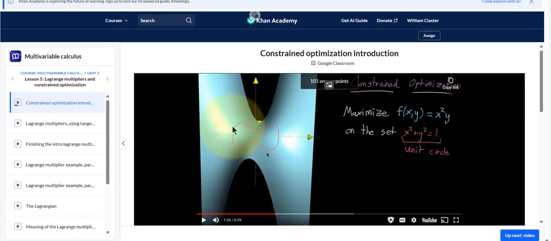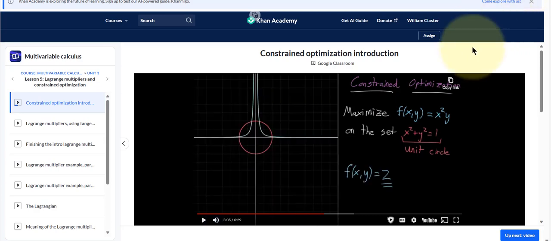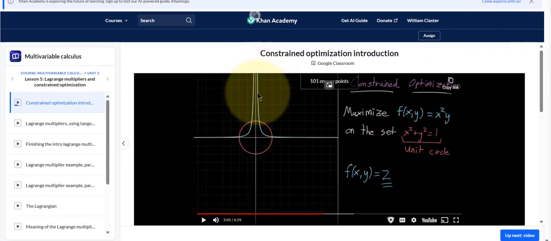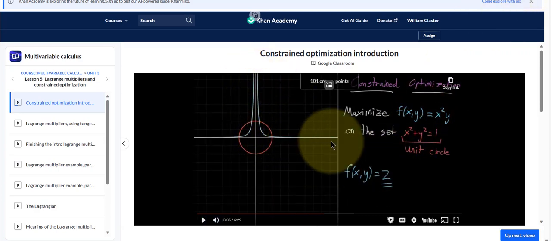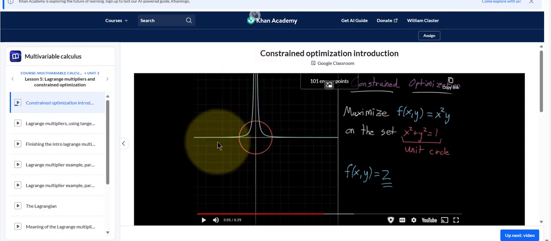So we imagine taking a plane that's parallel to the xy plane and has a height of 2, and looking at where it cuts the surface. If we look down on that, we'll see all the xy points that have a height of 2. So maybe this is the set of points where the height is 2.